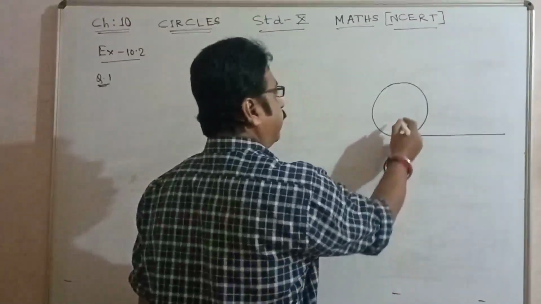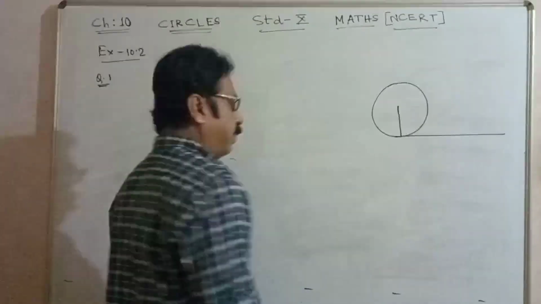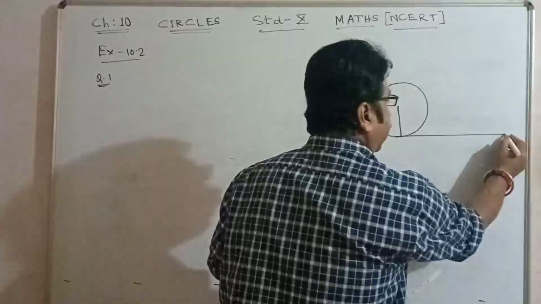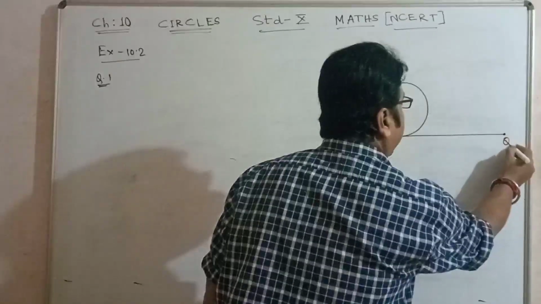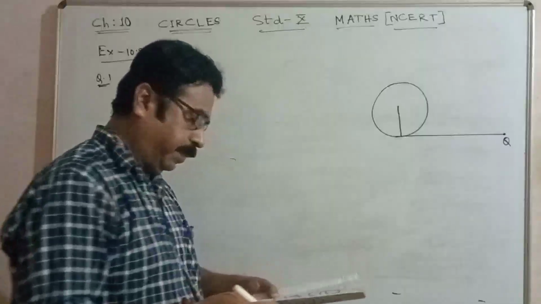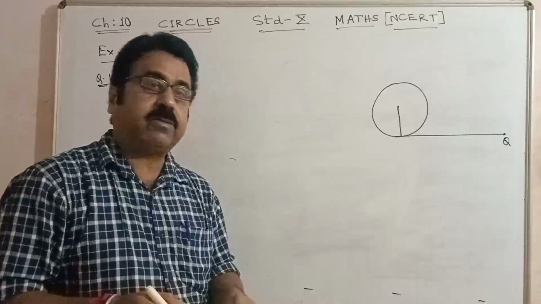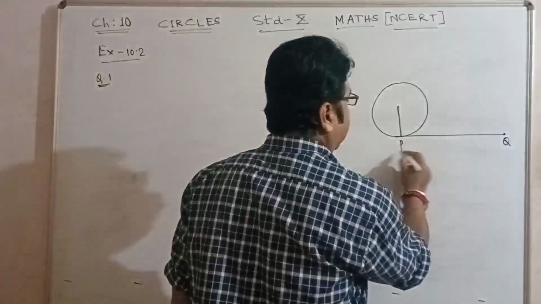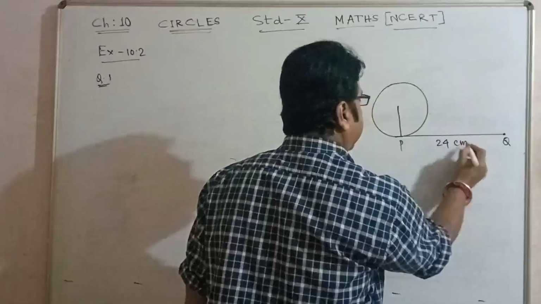This is the tangent. This is point Q, and it is given the length of the tangent to a circle is 24 centimeters. Suppose this is point P. This PQ length is given as 24 centimeters.